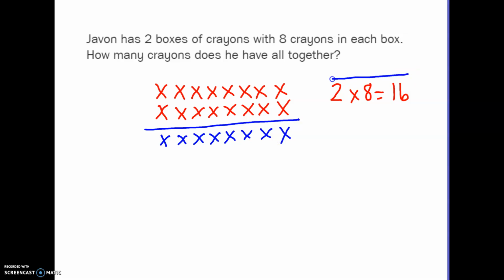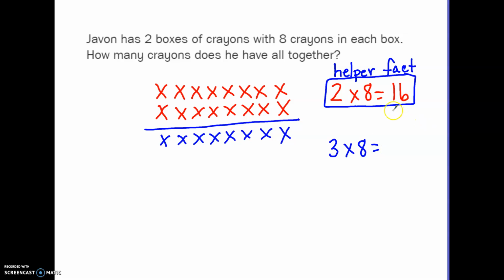Remember, the problem for the original array is going to be our helper fact, because we already know the answer to that. The number model for our new array to show that we have 3 boxes is going to be 3 times 8.